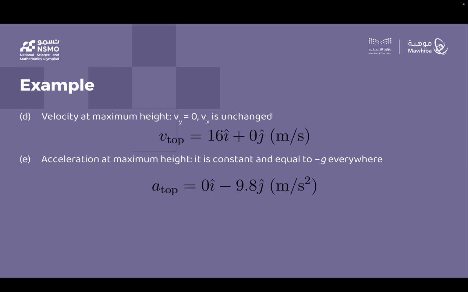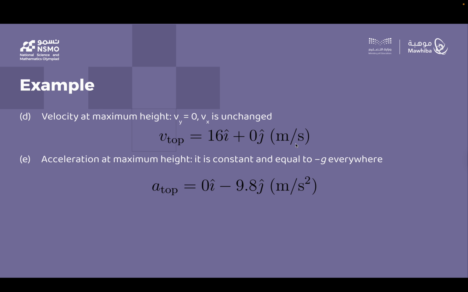In part D, we have to give the velocity vector at maximum height. Remember that at maximum height, Vy equals 0. And Vx, the velocity in the x direction, is unchanged for the whole movement. So from these, we can simply give the velocity at the top as 16 times i plus 0 times j, of course expressed in meters per second.